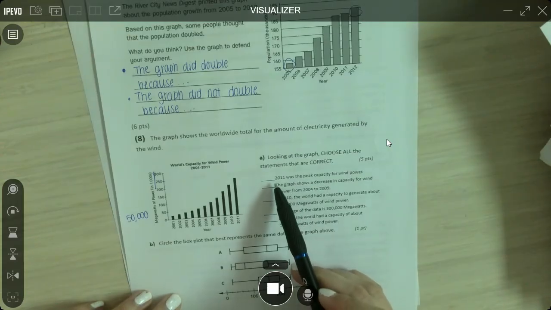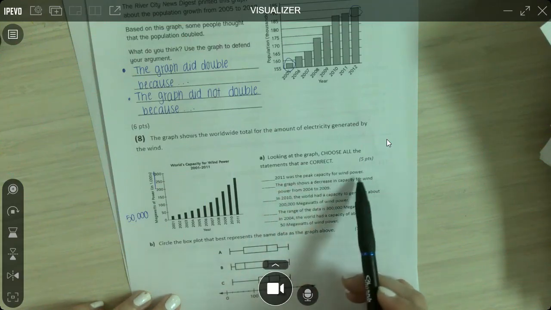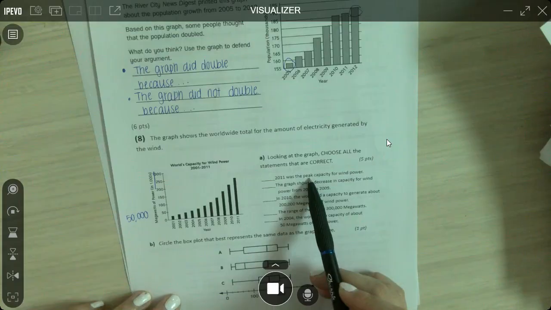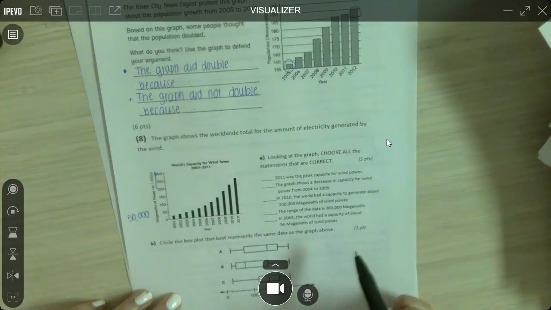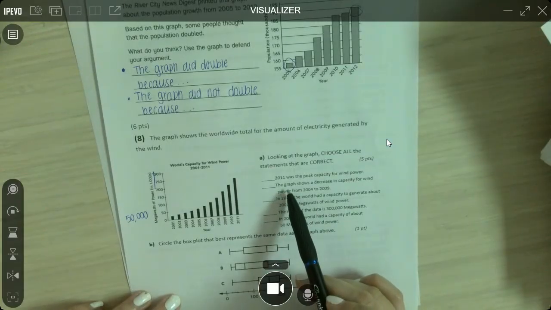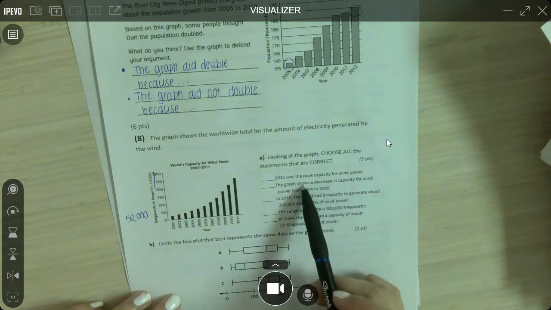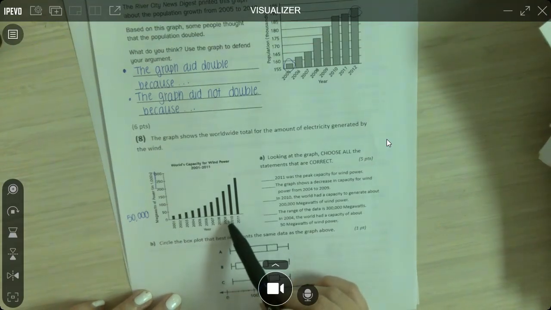When we look at this, the first statement says that 2011 was the peak capacity for wind power. That means it's the highest year for wind power. If that's true, you're going to mark that. B says the graph shows a decrease in capacity for wind power from 2004 to 2009.